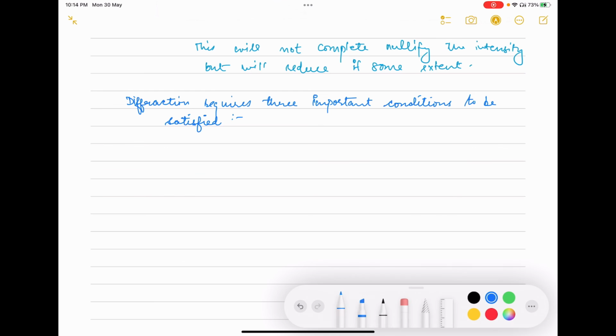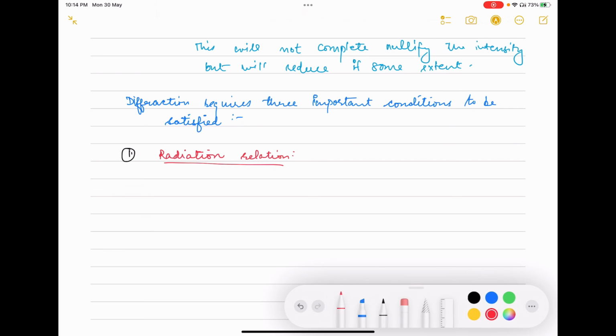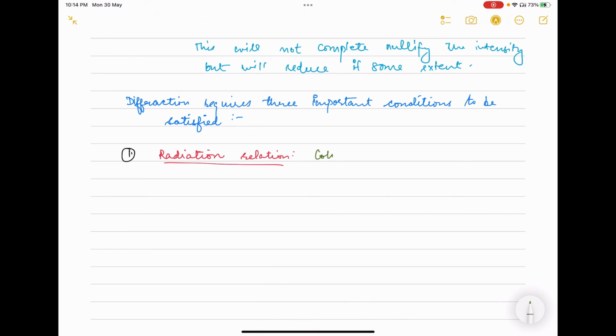What are those? First one, that is radiation related. Here we say that all the waves should be coherent, monochromatic, and parallel in nature, of wavelength lambda.